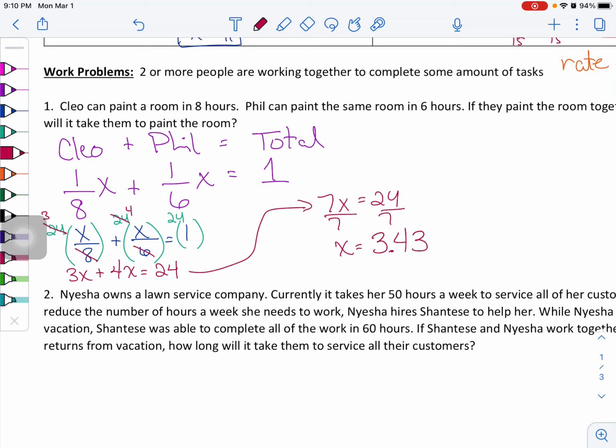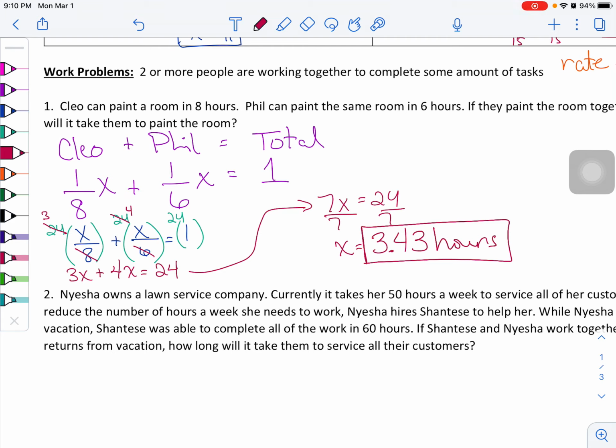Now, this is a place where the directions will probably tell you to round to 2 or 3 decimal places. So this X is 3.43. There's a whole bunch more decimals after. I just rounded it off. And that is time in hours. Now, what did we just figure out?